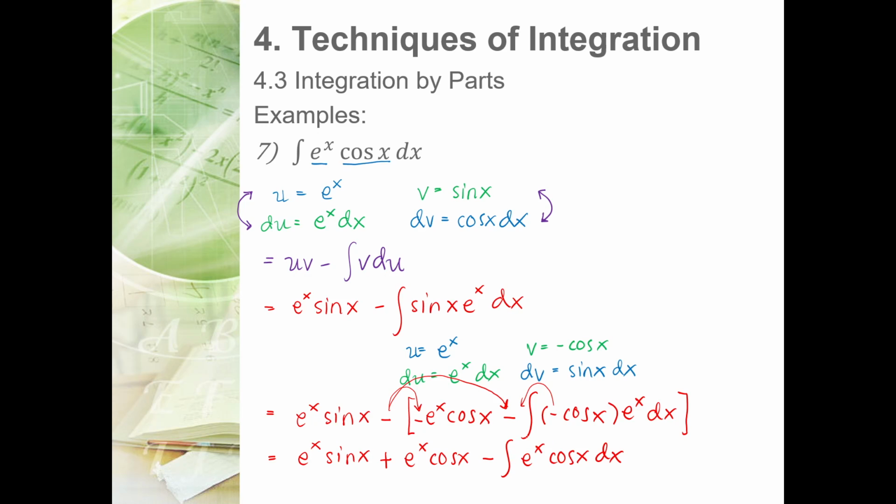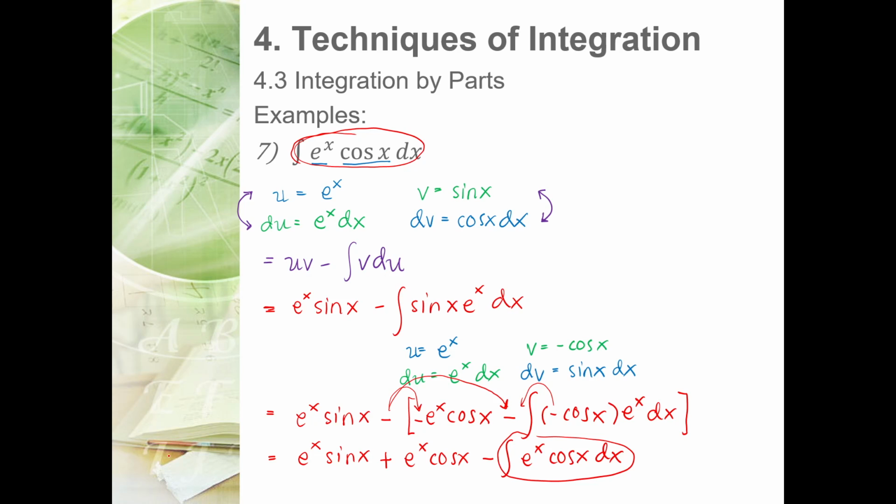So notice that it returned to the original integral, right? So if we try to continue with the integration by parts, we will keep going back and forth until we never finish, right? So of course, if we try to solve equations, this one is the right side, so we put an equal sign, equals the solution.